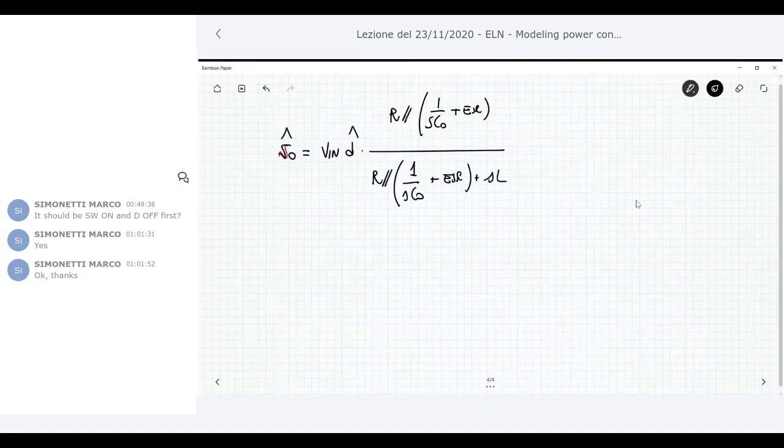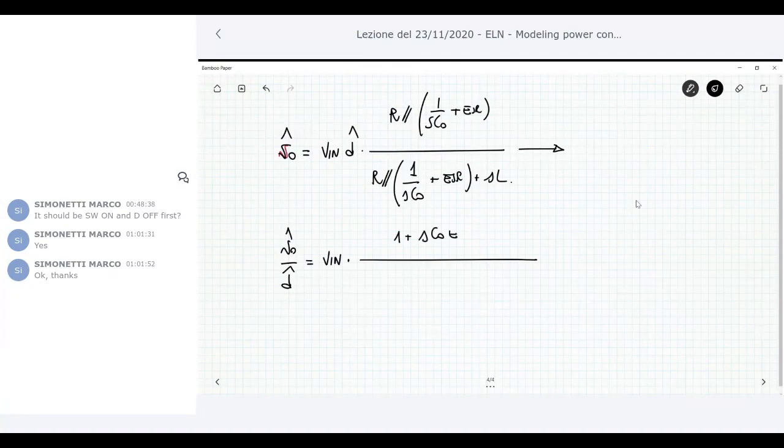And if you compute these two parallel terms, you can get the new control to output transfer function, which is V in multiplied by 1 plus S C naught ESR at the numerator.